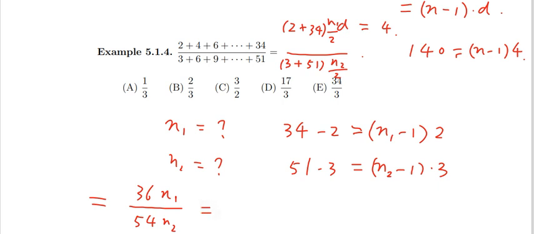So what is n1? N1 minus 1 multiplied by 2 equals 32, so equals 16. So this equals 17, right?